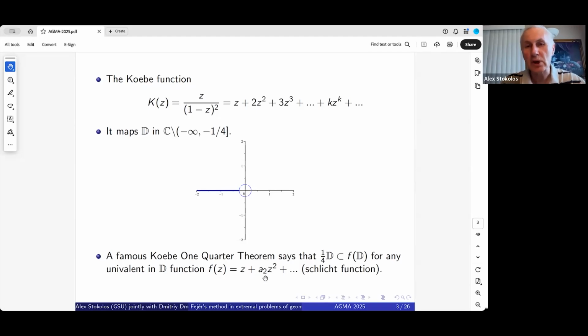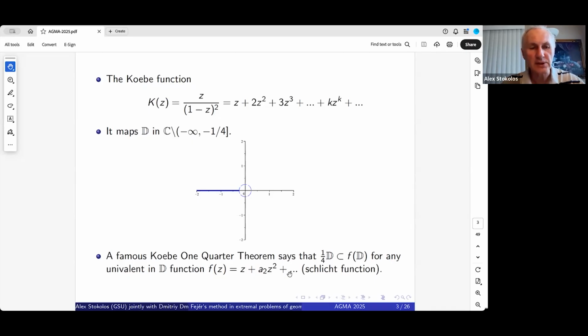From here he derived the statement that the disk indeed has radius 1/4. This illustrates the importance of estimates, and it's considered to be a difficult, important problem.